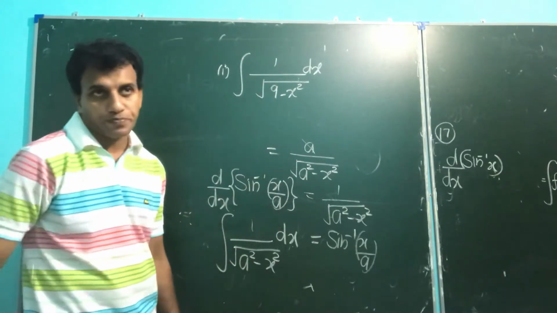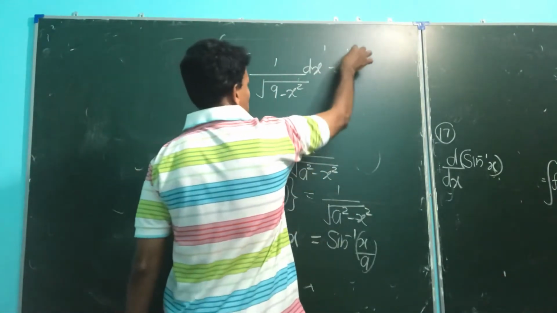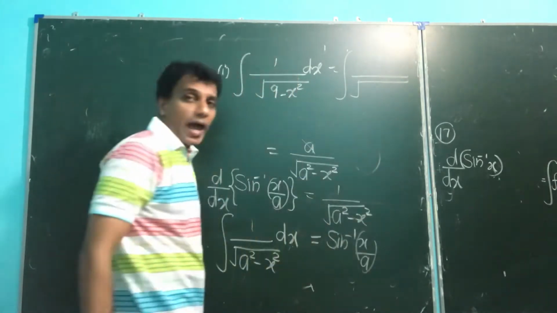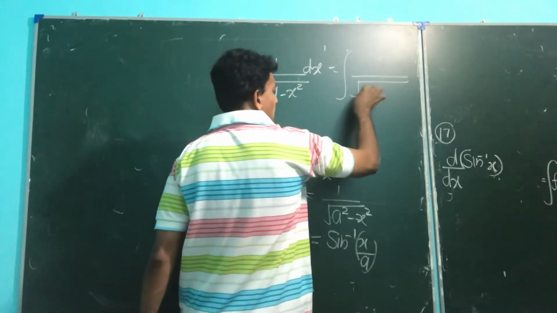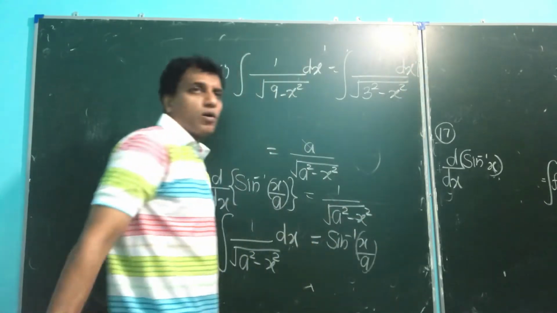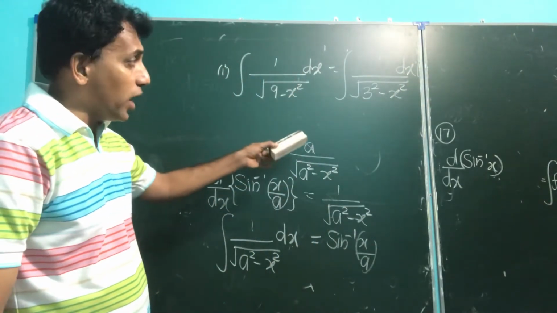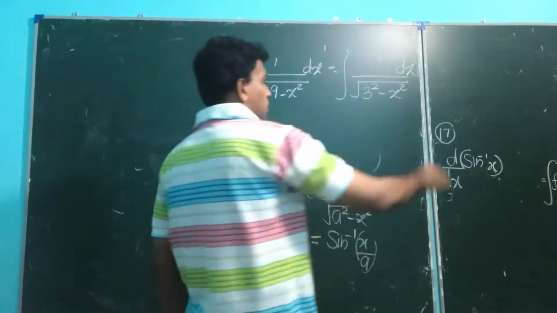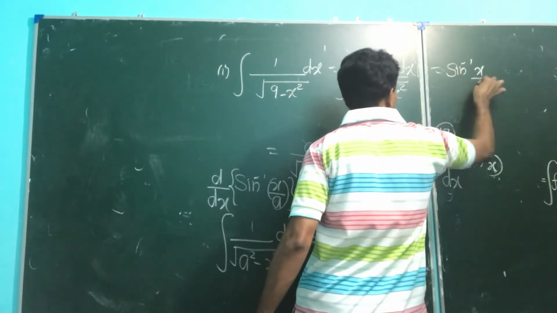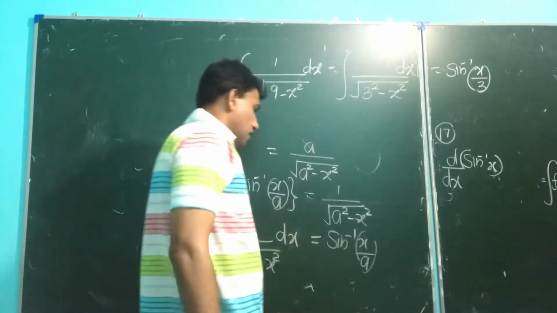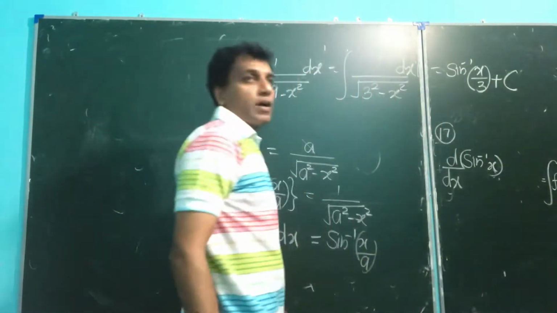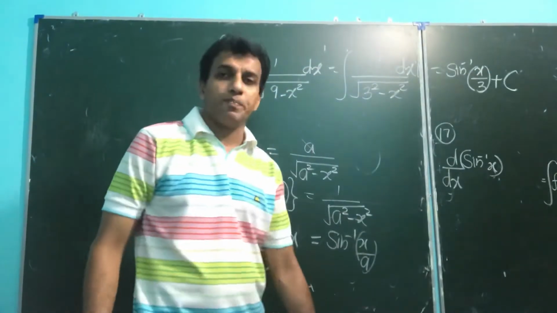Better you try the first problem first. Therefore, the brief method: write the 9 as 3 square, so 3 square minus x square into dx. Therefore it is the 1 over square root of a square minus x square pattern. The answer is sine inverse x over 3 plus an arbitrary constant c.